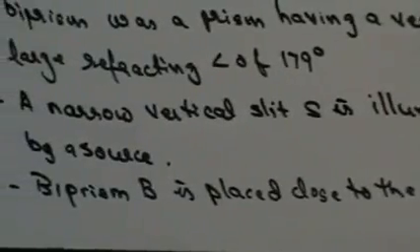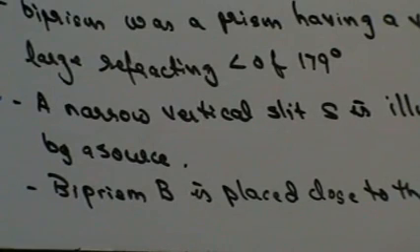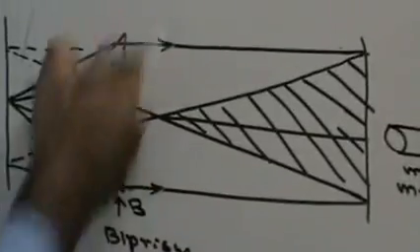Right? Now, the refracting edge AC of the biprism is kept parallel to the slit. So this is that refracting edge AC.